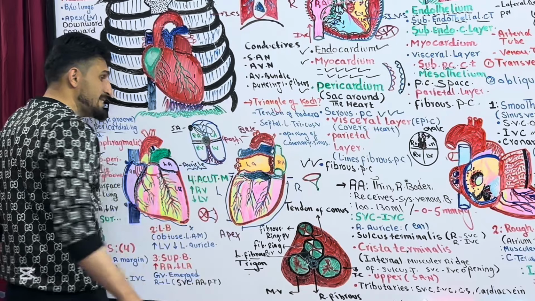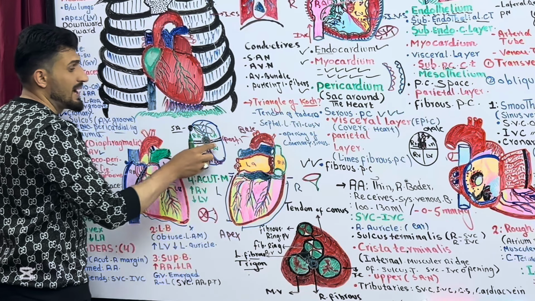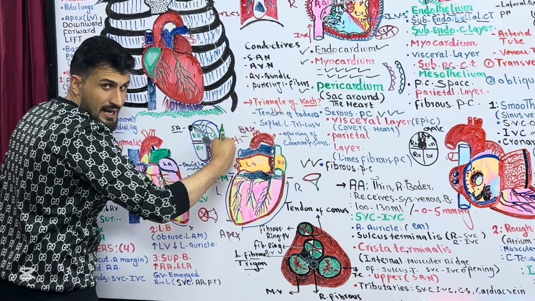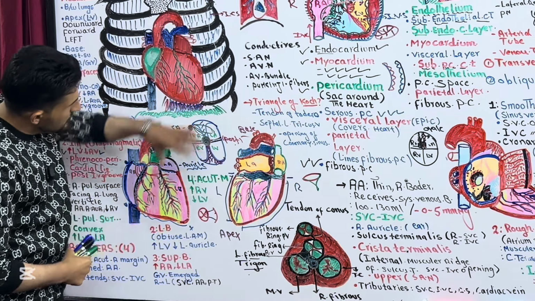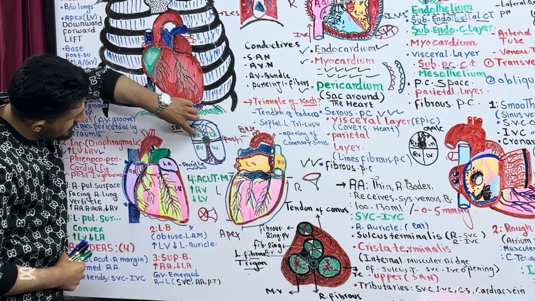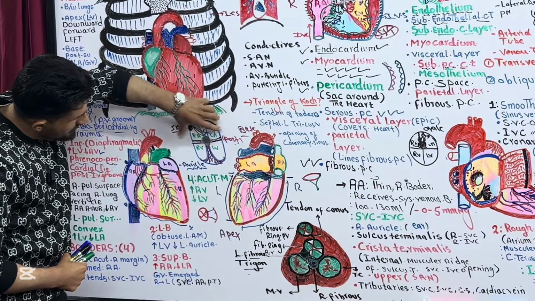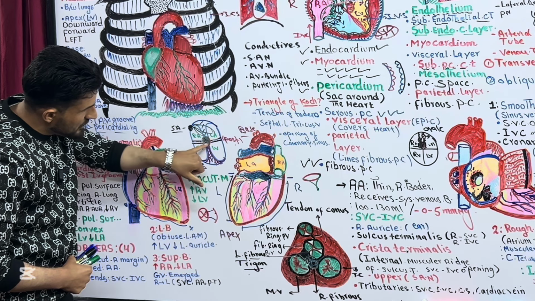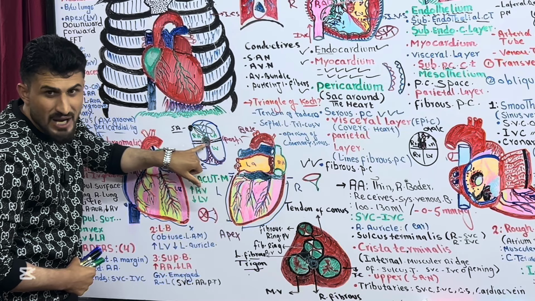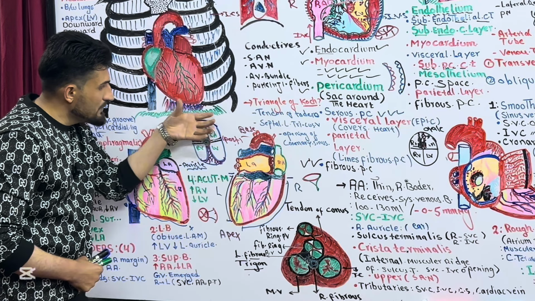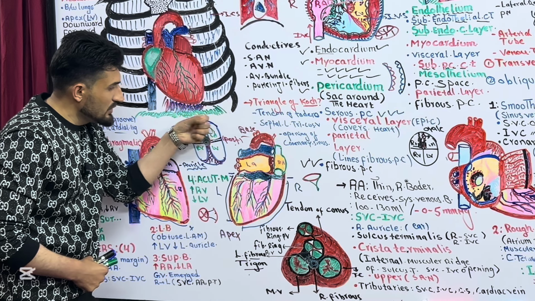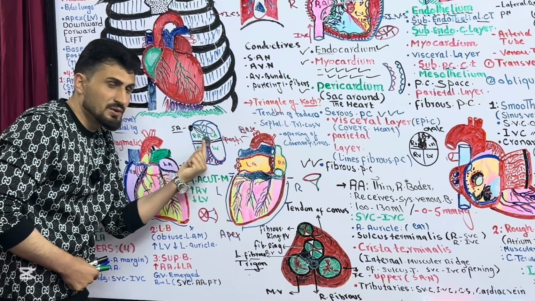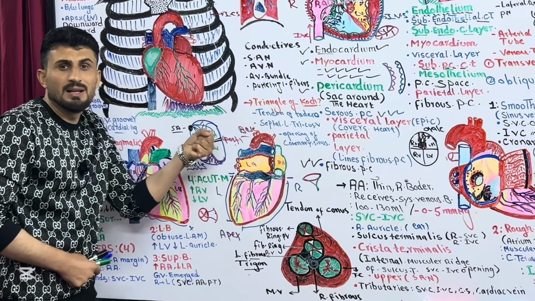So the second important function of the fibrous skeleton is that it acts as an electrical insulator between the atria and ventricles, and it's very important because when depolarization and repolarization come here, they cause contraction of the atria. When this electricity passes from the atria to the ventricles, it needs a bit of time, so it gives time to the atria to complete their contraction. Then this electricity will come to the ventricles, and the ventricles will pump the blood.